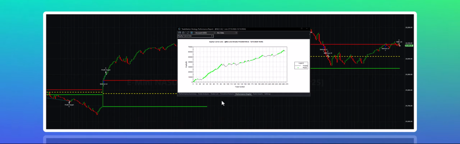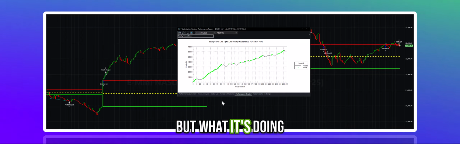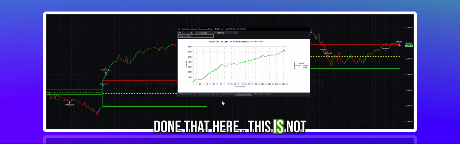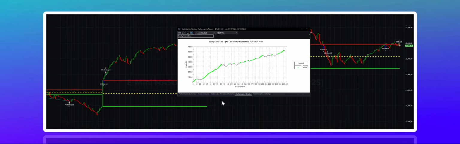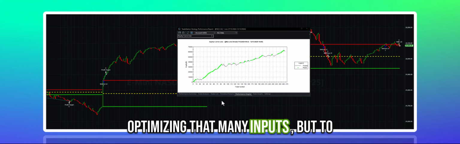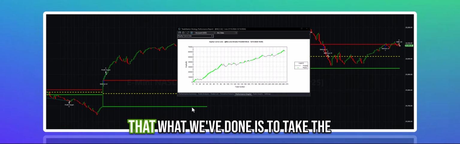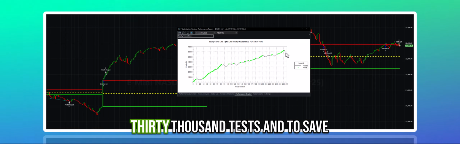Maybe it does. But what it's doing is generating a curve fit. We haven't done that here. This is not optimizing that many inputs.